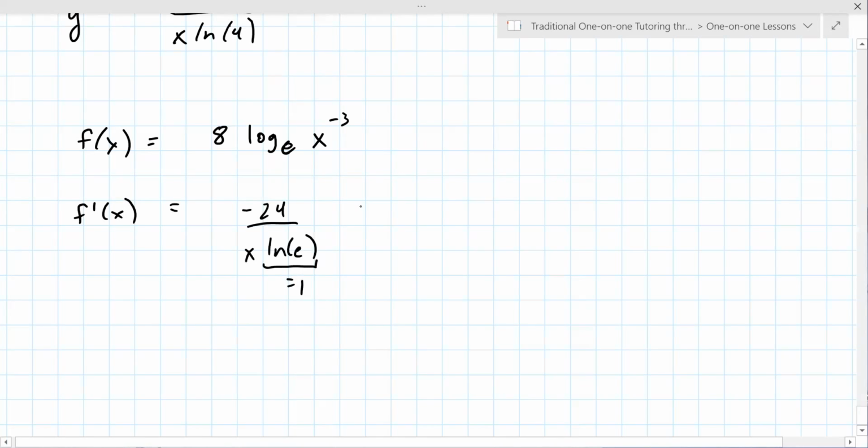Yeah, ln e equals 1, so you'd actually want to just write minus 24 over x.